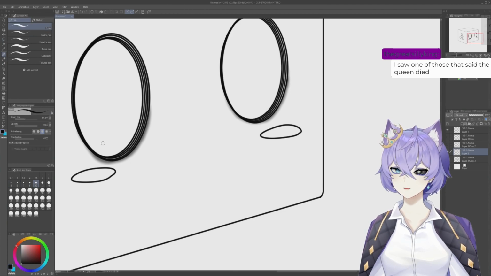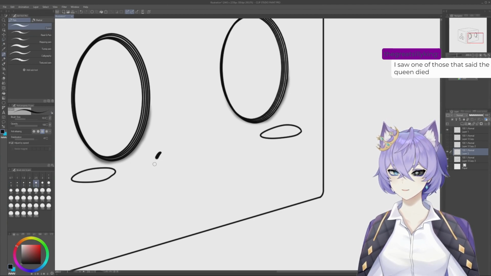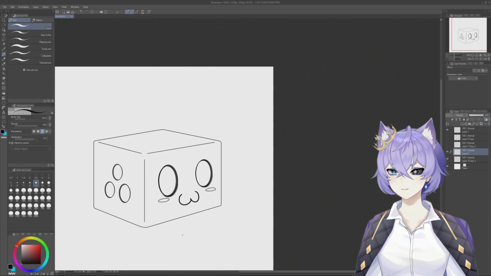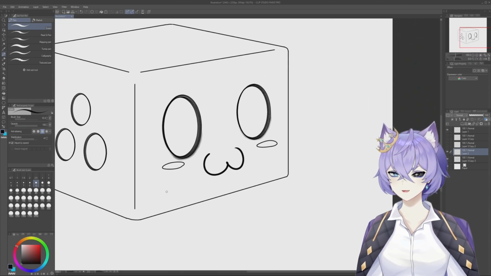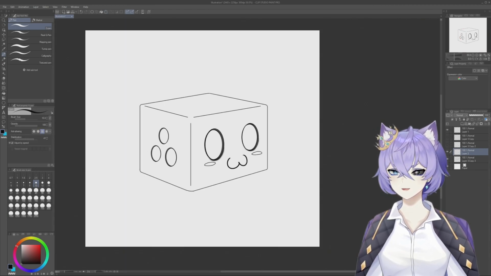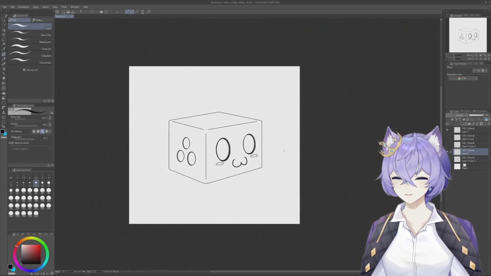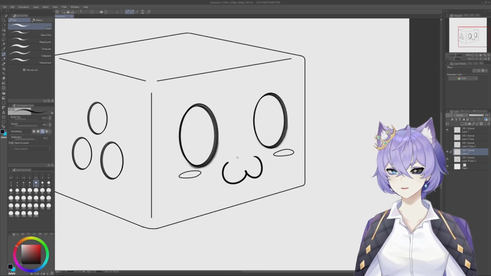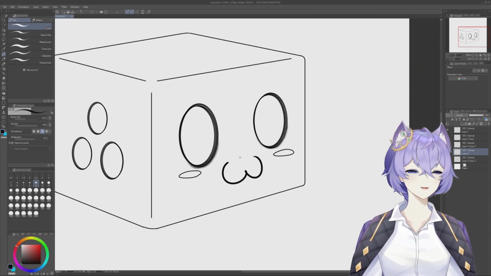We want to have a bit of a thicker line. Oh my god, that actually looks really cute. I kind of like it. Actually, I'd probably move it back a little. Right there. Yeah? I'll agree for the uwu.